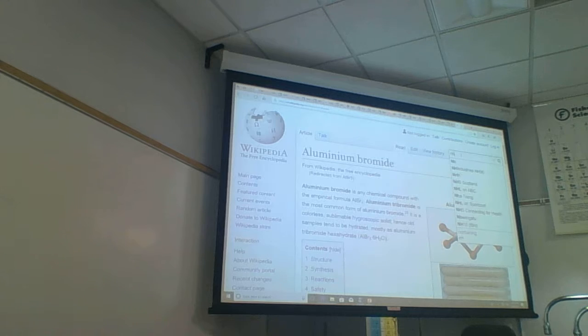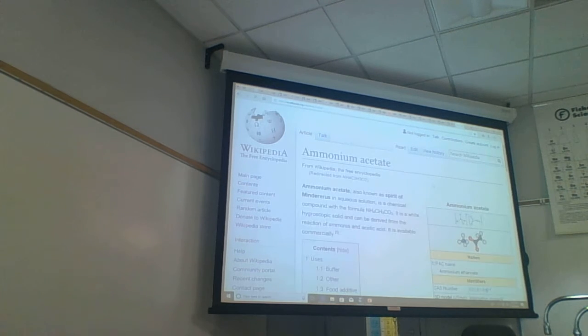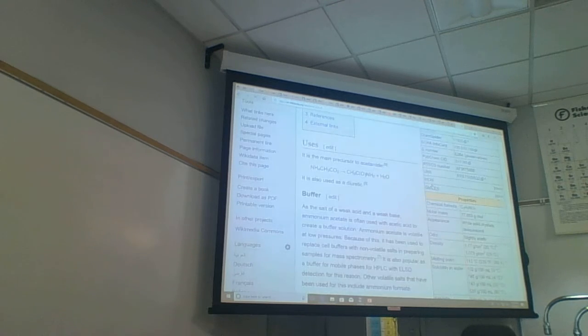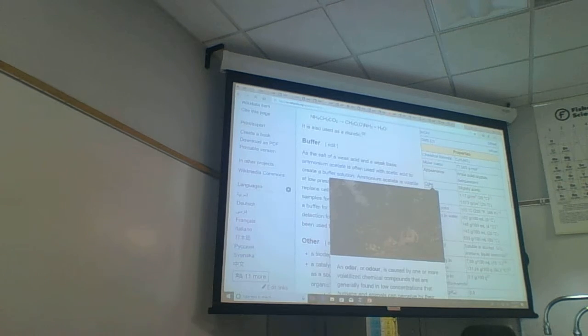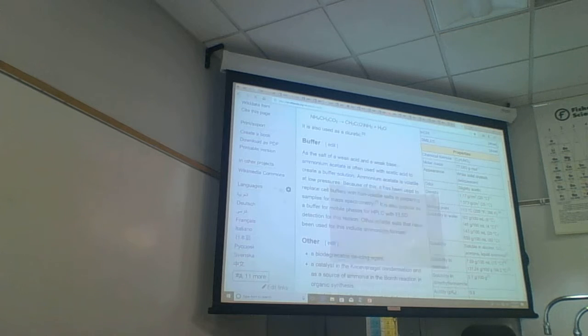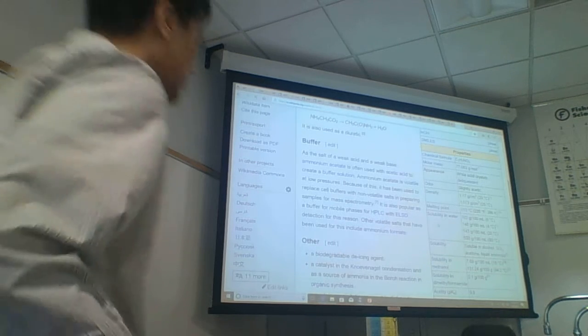Let me just see if I have it here. And so what I do is I go down here and you see this box here, solubility in water. So this tells me how soluble it is.